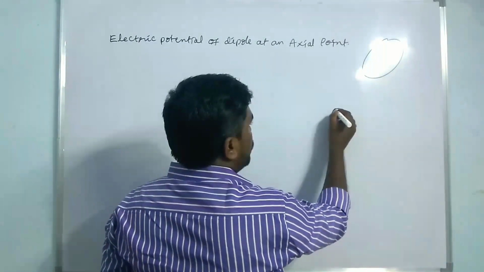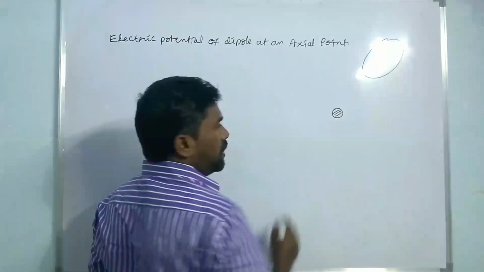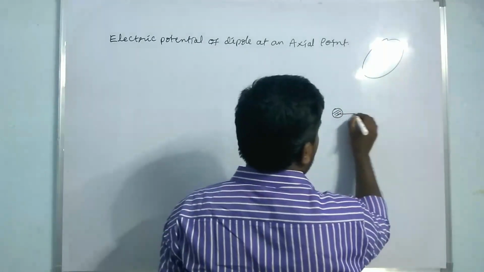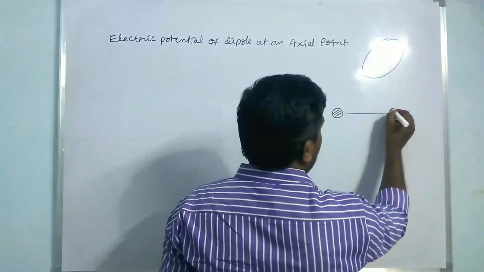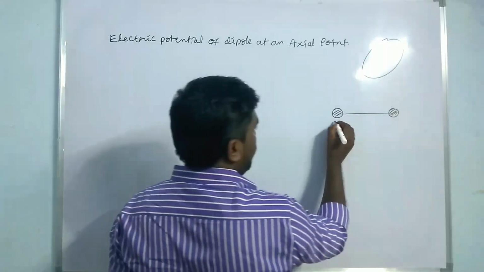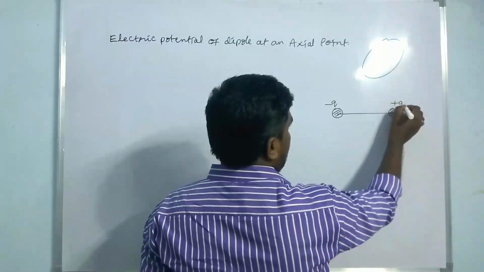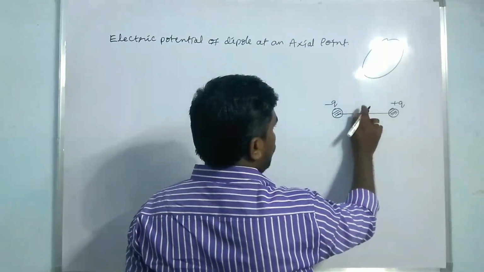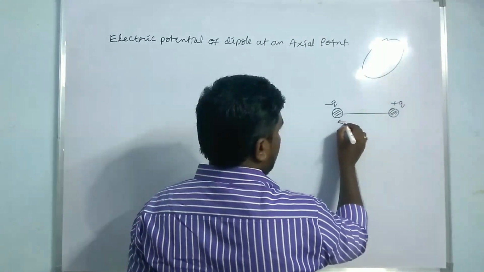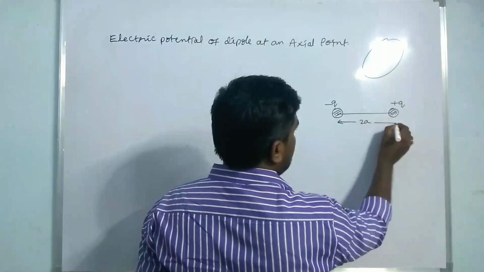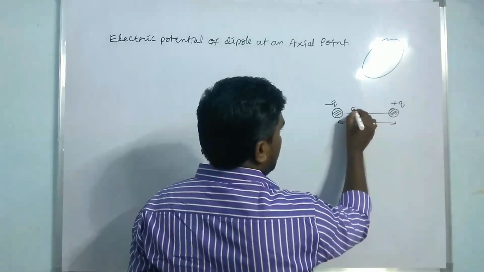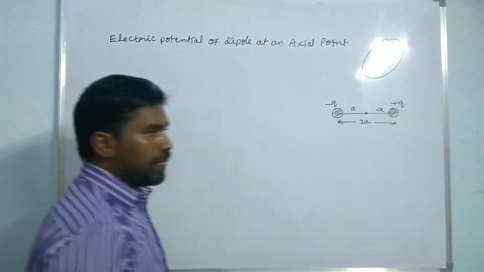The axial line is the line joining the two charges of a dipole. This is a dipole having positive and negative charges, equal and opposite, with 2a distance between them. This is the negative charge and this is the positive charge, and this is the center of the dipole, a distance from each.